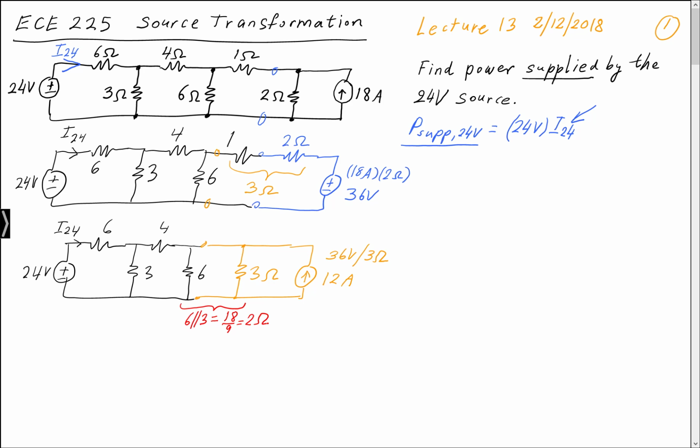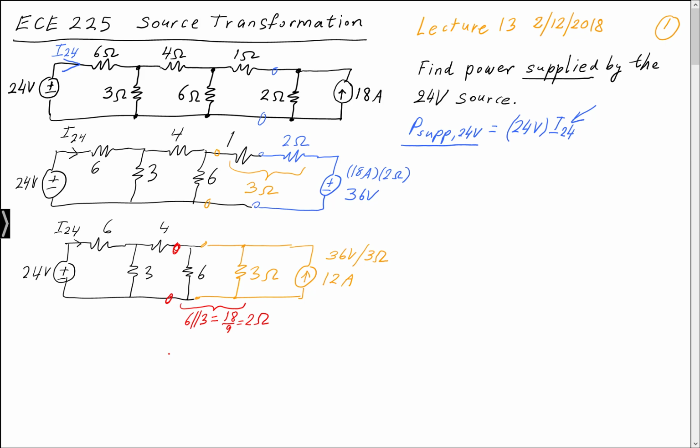So now if you look to the right of these two circles, what we have is 2 ohms in parallel with 12 amps. So that's our equivalent circuit to the right. Well, we can transform that into a series resistor of 2 ohms in series with a voltage source.